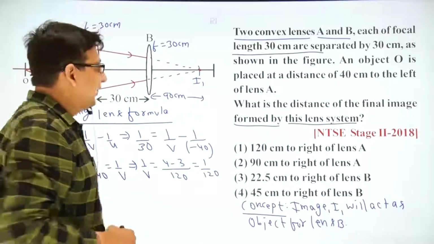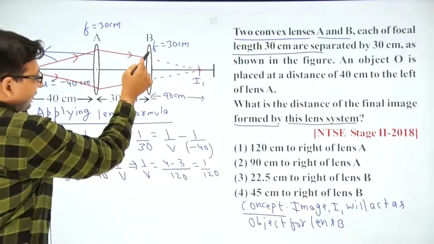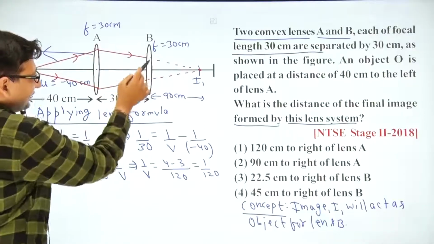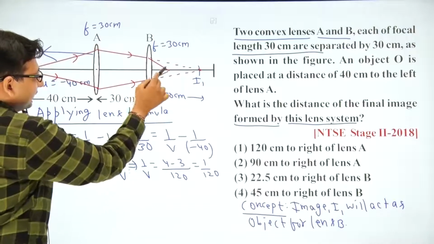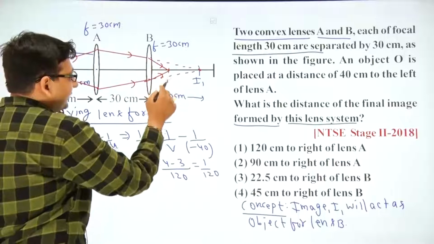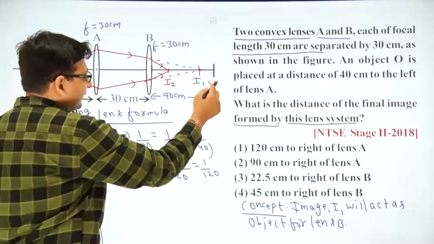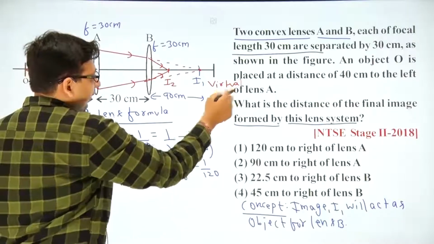But this is also a converging lens. As the power of a convex lens is positive, it will converge before that point. Yes or no? The final image will form somewhere here, I2. This will act as a virtual object.